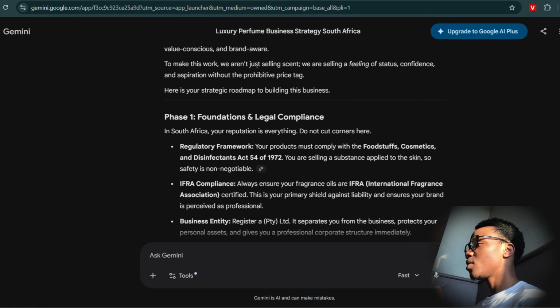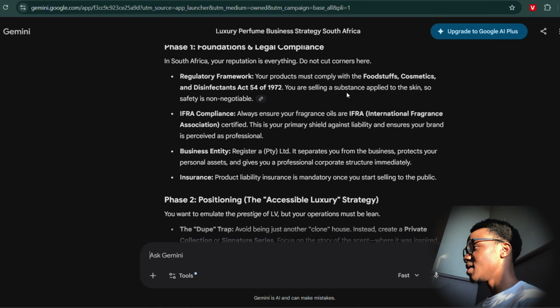To make this work, we aren't just selling scent, we are selling a feeling of status, confidence, and aspiration, without the prohibitive price tag. Here is your strategic roadmap to building this business."